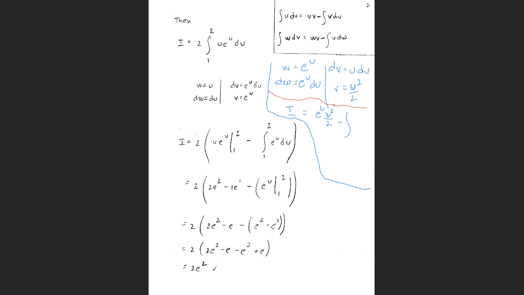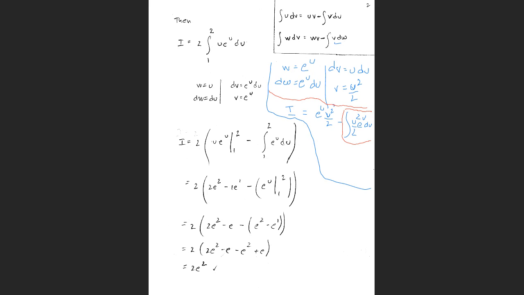of u squared over 2, you know, v dw, times e to the u du. That's what you would get. And you would know that there's a problem, right? Because how does this integral compare to your original integral?